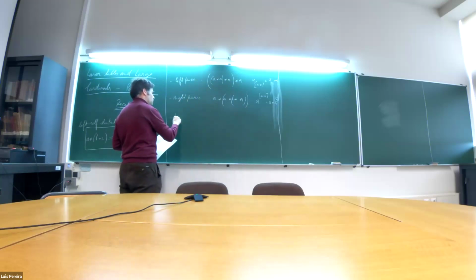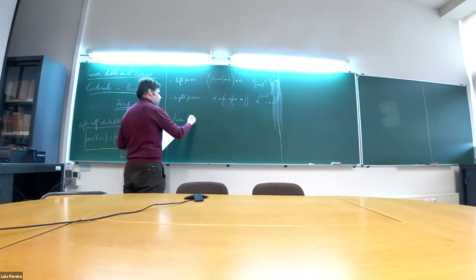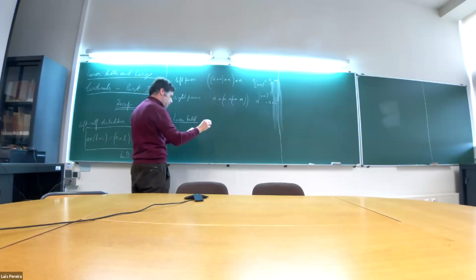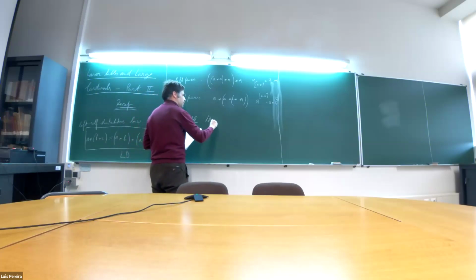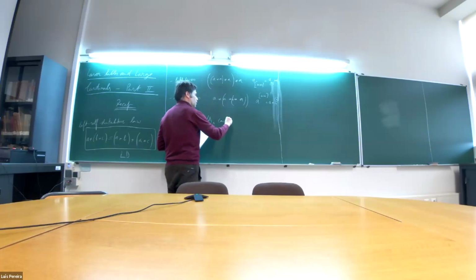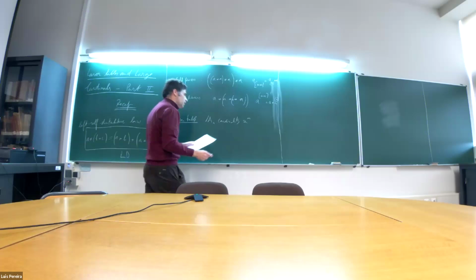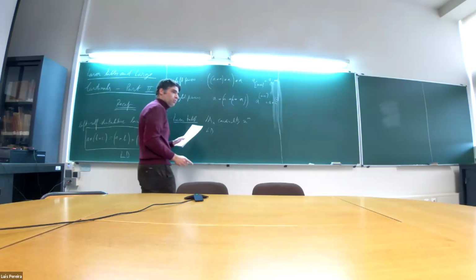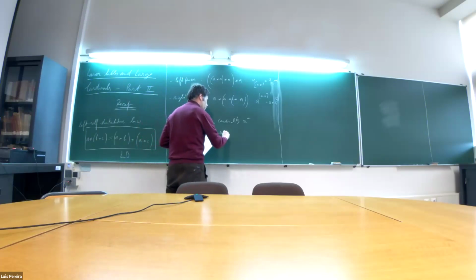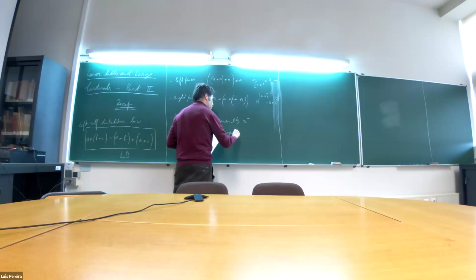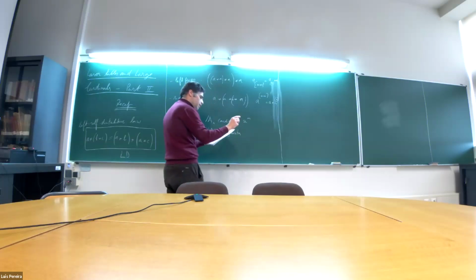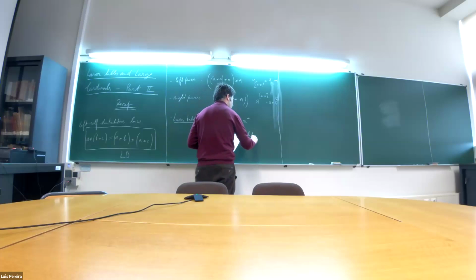Now a Laver table is an algebra of cardinality 2^n. So it's left distributive. It has one generator, and it has a left identity.